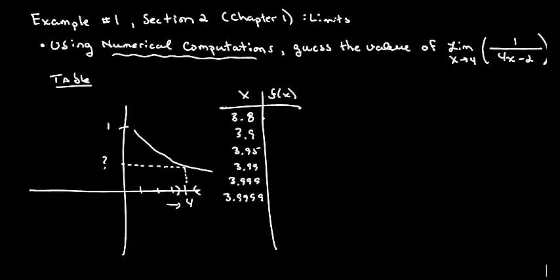So now let's go ahead and figure out what the function values are. To figure out these function values, we take this 3.8 and we plug it in over here. So this is 1 over 4 times 3.8 minus 2. We need to make sure that we're using parentheses on our calculator.